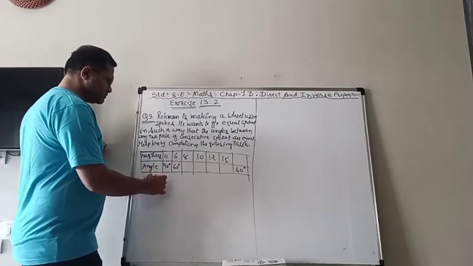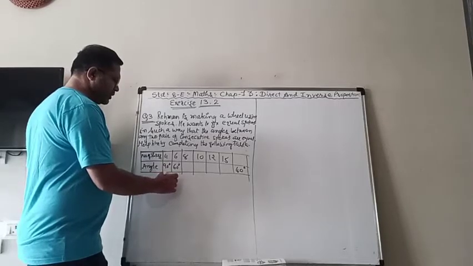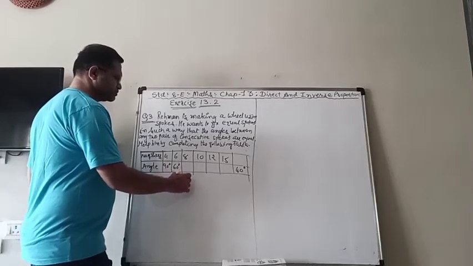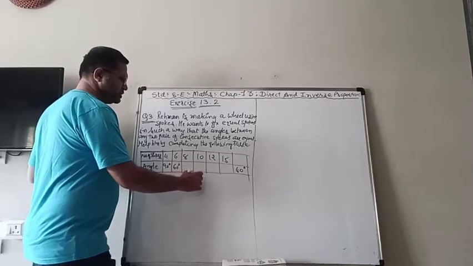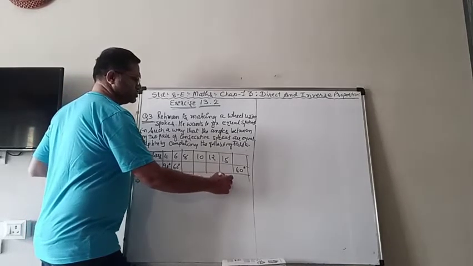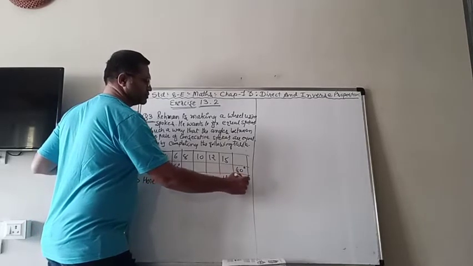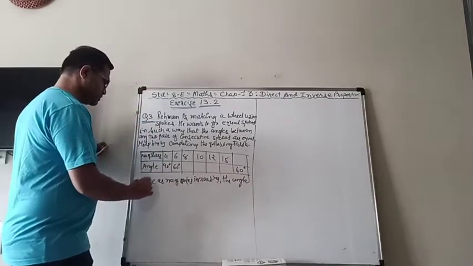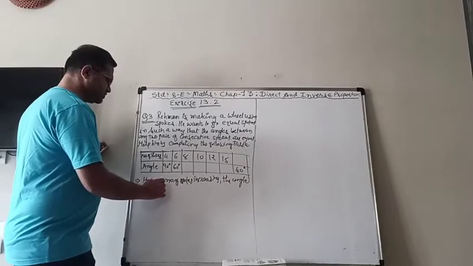So here as number of spokes increasing, the angle between them is decreasing.